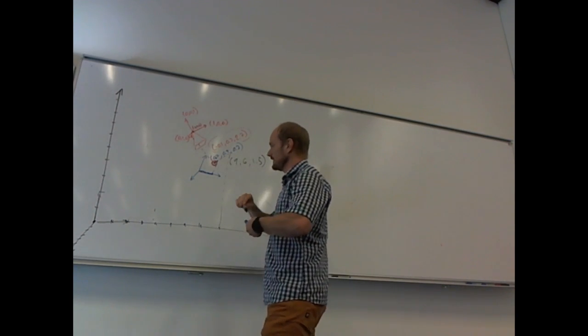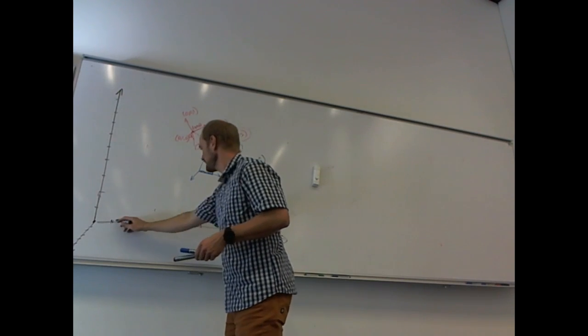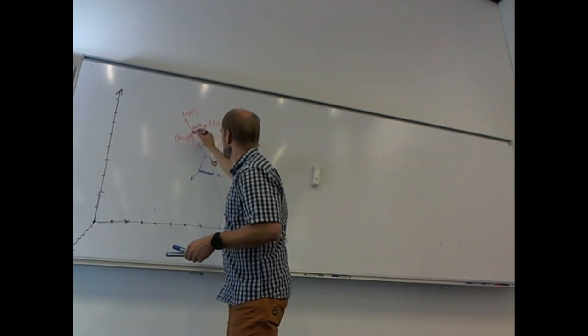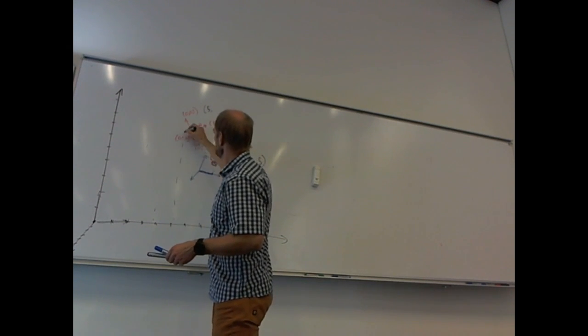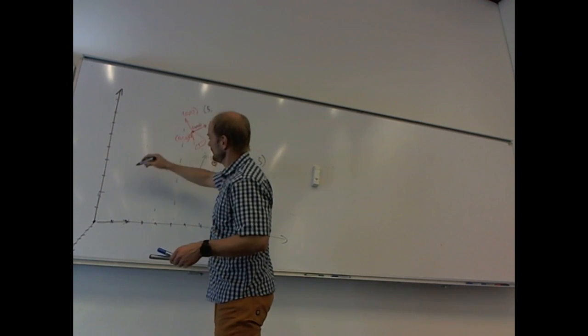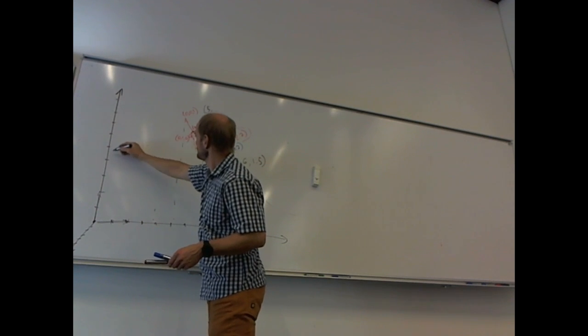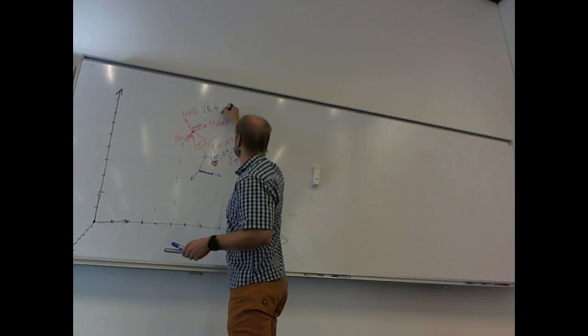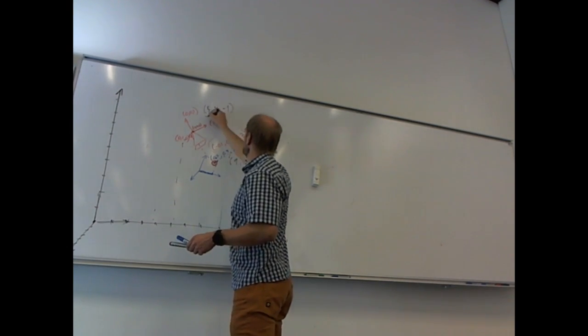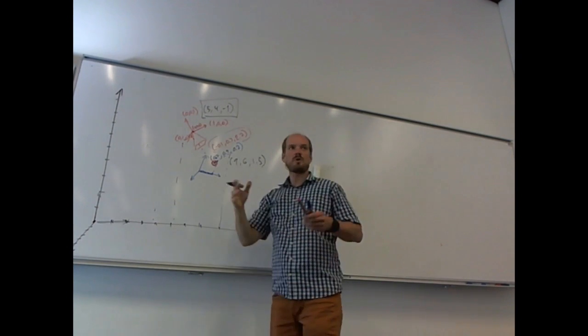Represented in global, this here might be the position of it is something like 5, 4, minus 1. So this is the position of my camera in the global coordinate system.